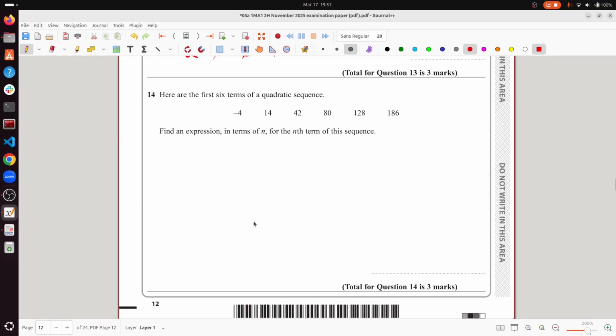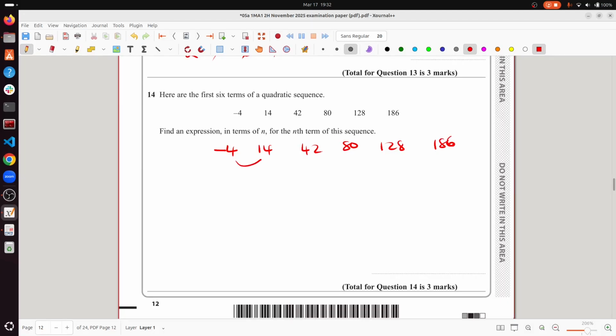Number 14 says, here are the first 6 terms of a quadratic sequence. Find an expression in terms of n for the nth term of the sequence. So this is the sequence we're given: minus 4, 14, 42, 80, 128, and 186.